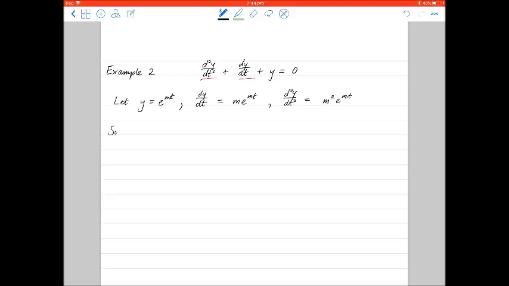Okay, so substituting into my ordinary differential equation.